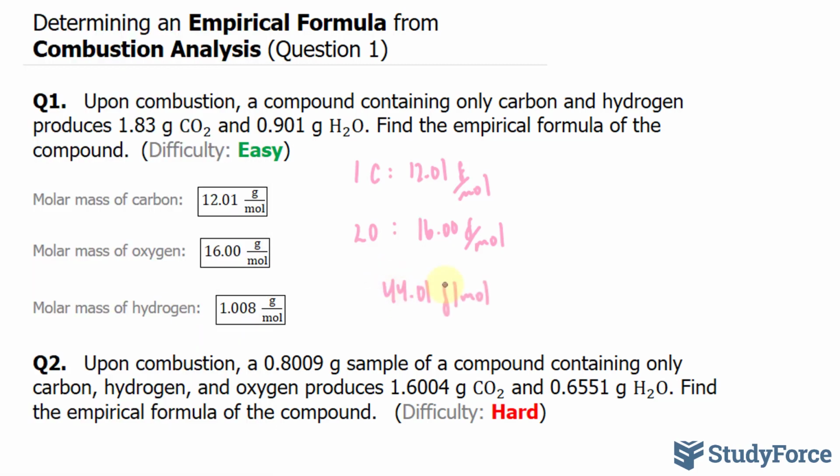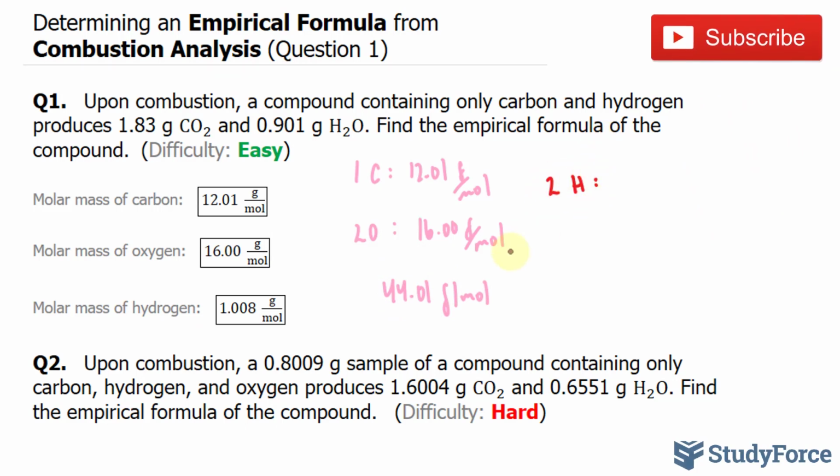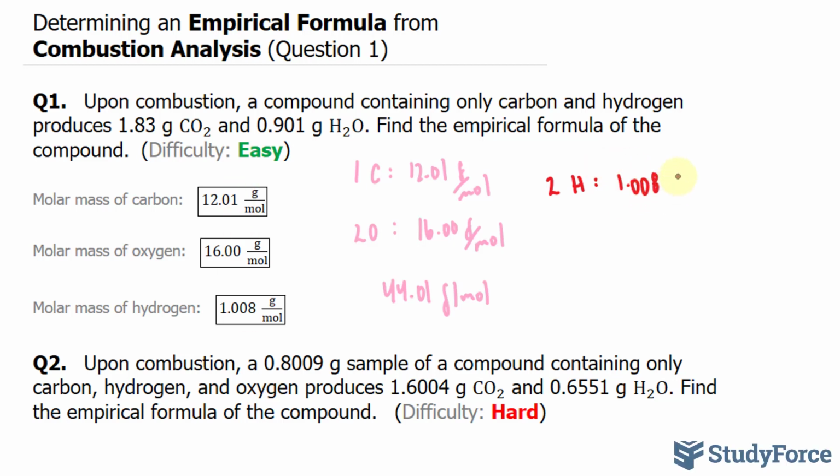Now let's find the molar mass of one molecule of H2O. We have two hydrogens, and hydrogen has a molar mass of 1.008. By the way, these can all be found on your periodic table, grams per mole. And we have one oxygen. Oxygen has a molar mass of 16.00 grams per mole.